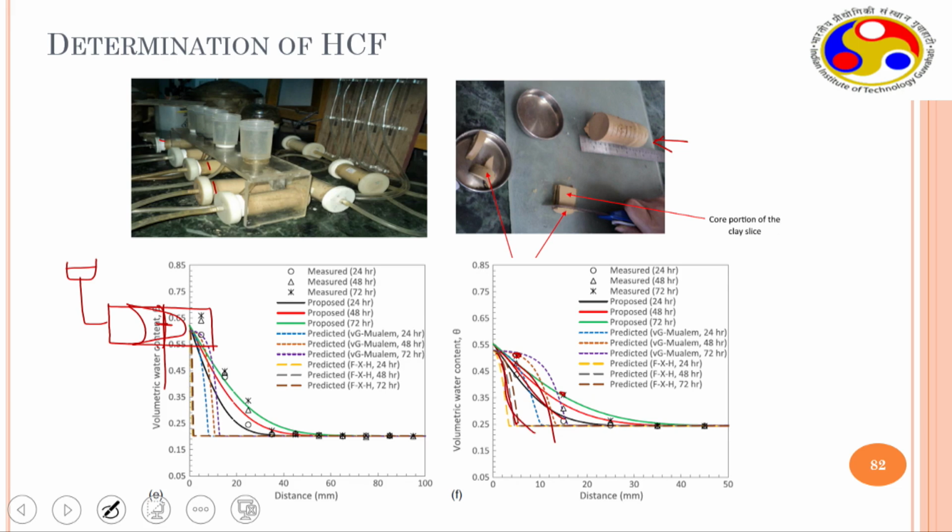What does it mean? Either the Richards equation is not fine for this, or the K functions are not properly evaluated using the statistical models, because SWCC is measured, and then we have a measurement of flow, transient flow. What went wrong? Either the Richards equation or the K function, HCF.